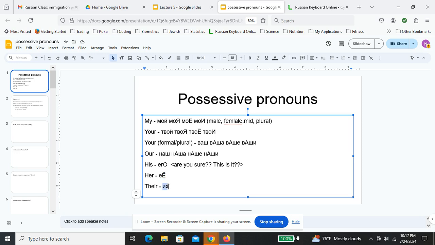And for them, it's going to be их, just like it is in genitive case. It's going to be их машина, их дом, их мороженое, их друзья. So this is where Russian decided to go easy on us. But for the first four, we have to remember all of these forms.